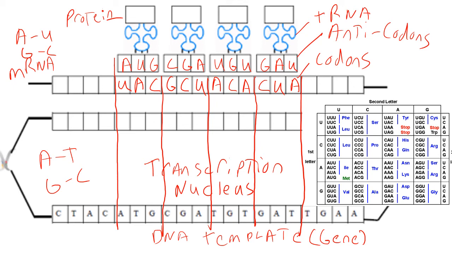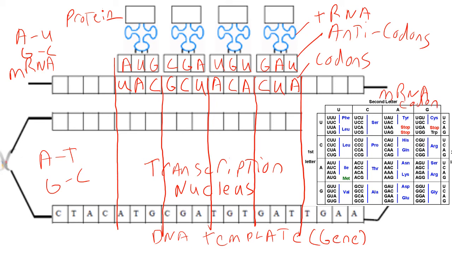But let me ask you a question. Which letters are you going to use to figure out the amino acids up here? The most common mistake that students make is that they use the letters that are closest to the amino acid, the letters on the tRNA. And they would be wrong, because this is an mRNA codon amino acid chart, not tRNA.